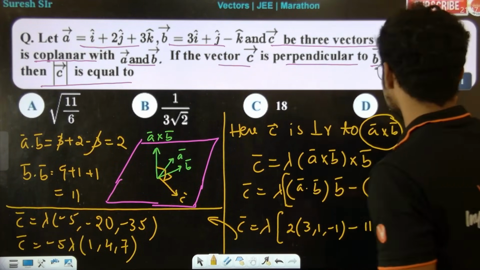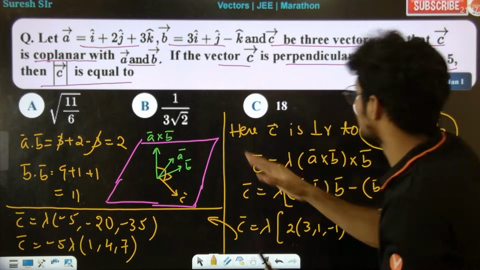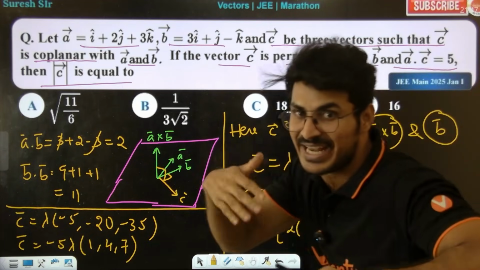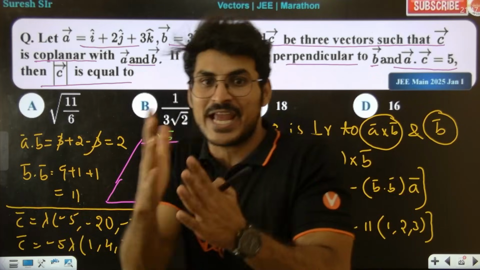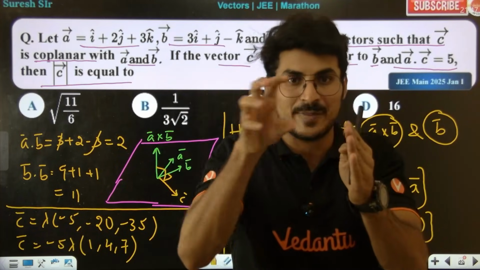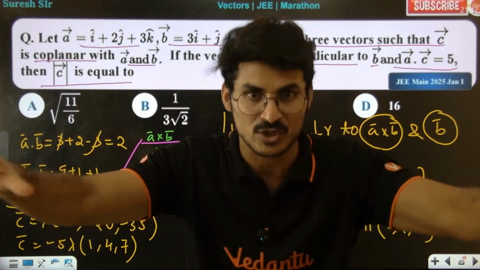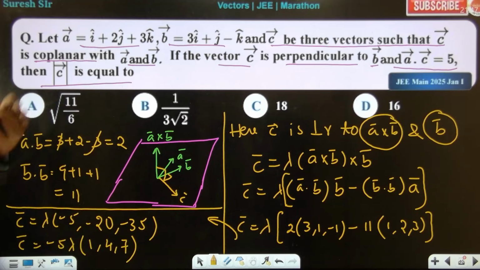What have they given next? Next they have given A dot C is equal to 5. I know A vector but did not know C vector; I was struggling to find C vector, and now C vector has come. So A dot C is equal to 5. If I take the dot product of both, I get the magnitude of C vector. Yes or no?